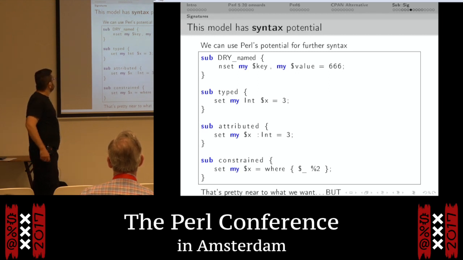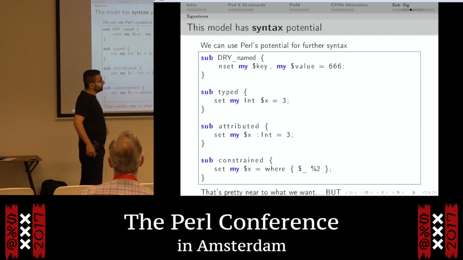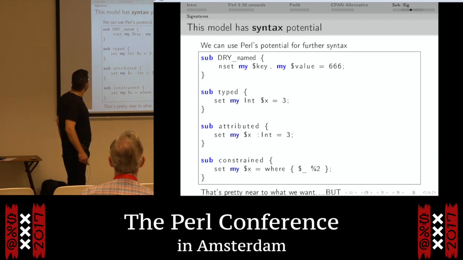So, for example, if I want to have named sets, so I don't want to repeat my names. I just want to say key. The variable key is named key, has a label key. The variable value has a label value. I can use another function named sets, and there I have a dependency at the moment on PadWalker to get the variable name, but it's possible.